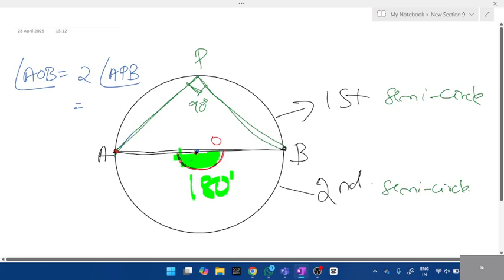See, the same as theorem 1, but semicircle. Okay, this is theorem 3. Theorem 3 says any angle formed on the semicircle is 90 degrees. This is the reason: 180 degrees, 90.